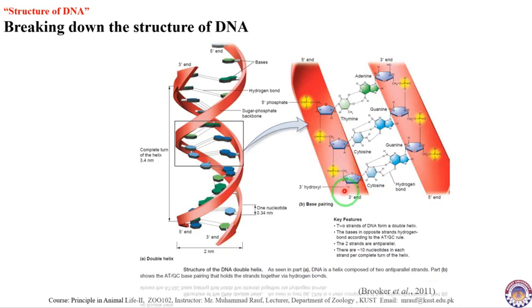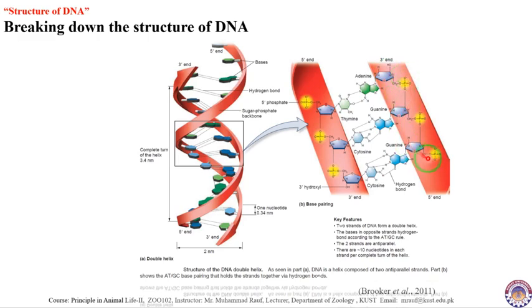You can see here in the 3' to 5' strand, the third position is below, and the phosphate, which is at the fifth position, is above. In the other strand, you can see the third position, the hydroxyl group, is above, and the fifth position, where the phosphate group lies, is below.